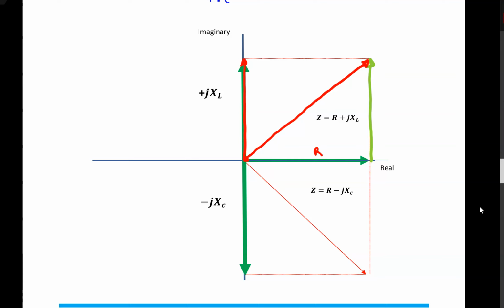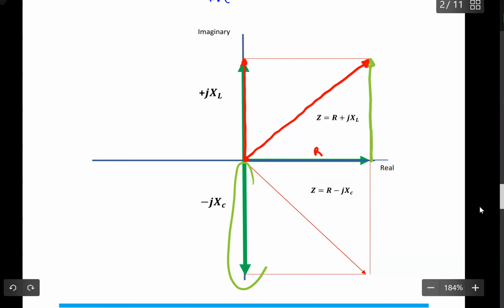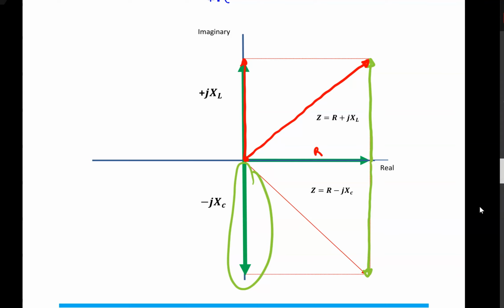So I do the same thing for the lower part of this diagram. I will pick up this vector and place it to the head of the first. So my resultant vector for this negative part is to connect from the tail of the first to the head of the second.